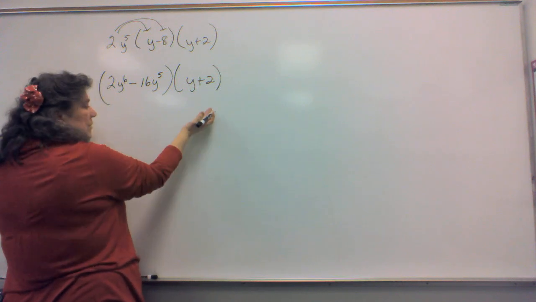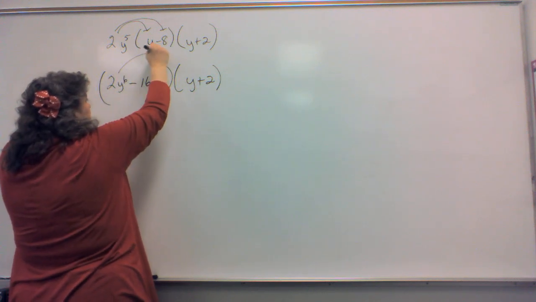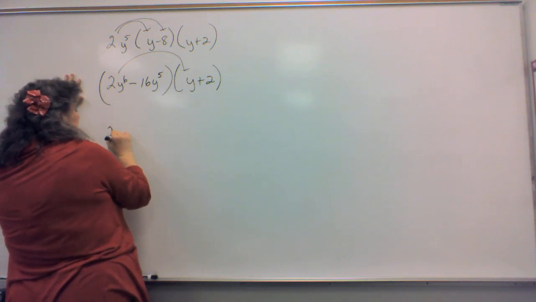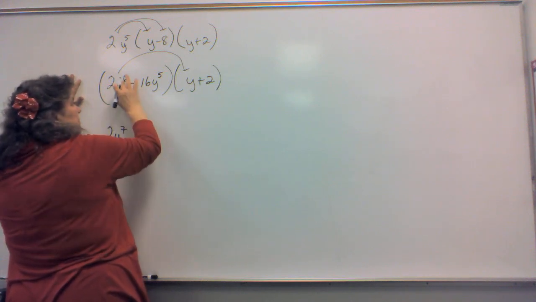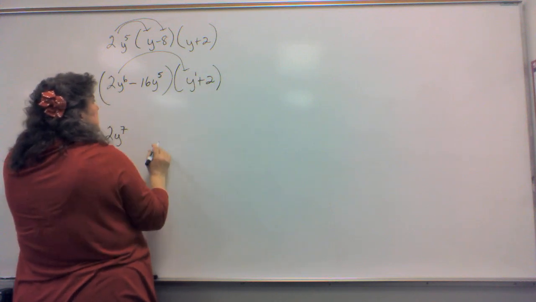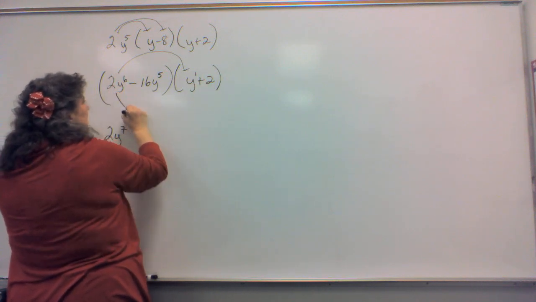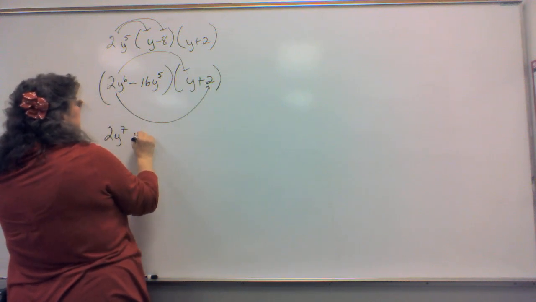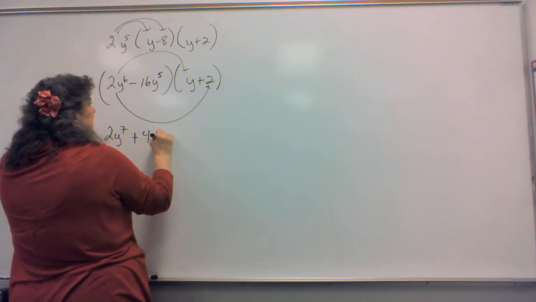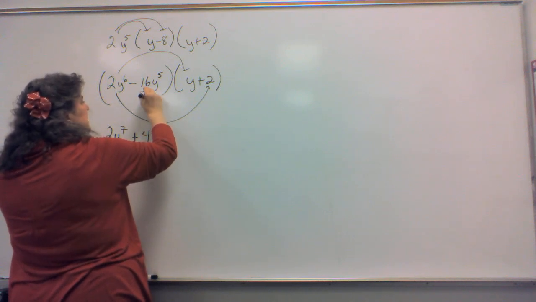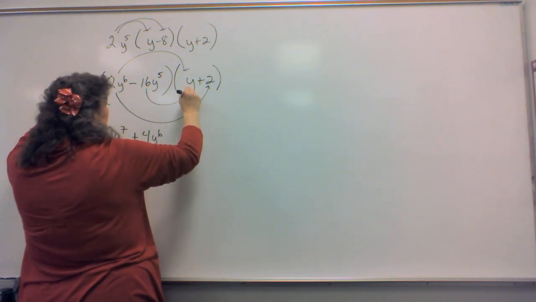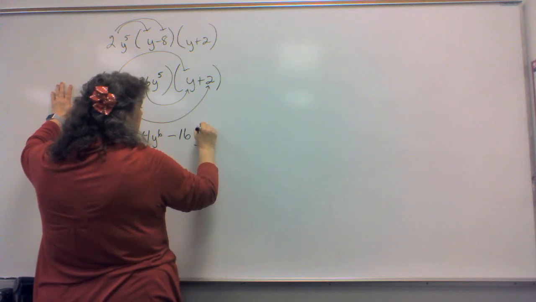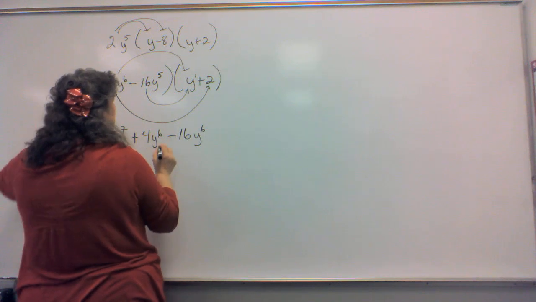Again, now we're down to two binomials, so we can do this. 2y to the sixth times y is 2y to the seventh. Remember, you're adding your exponents. And then 2y to the sixth times 2 is going to give me plus 4y to the sixth. And negative 16y to the fifth times y is minus 16y to the sixth, because this is y to the 1.